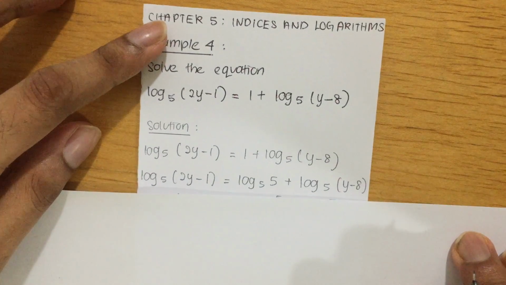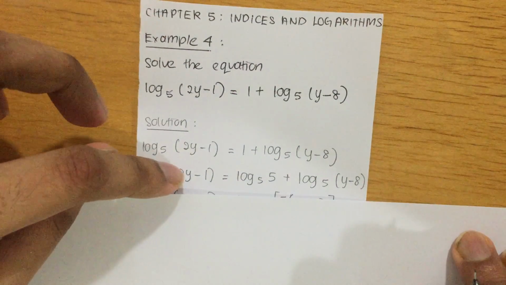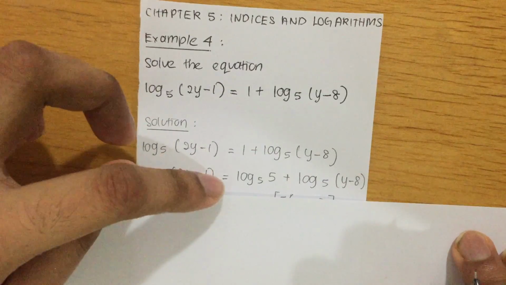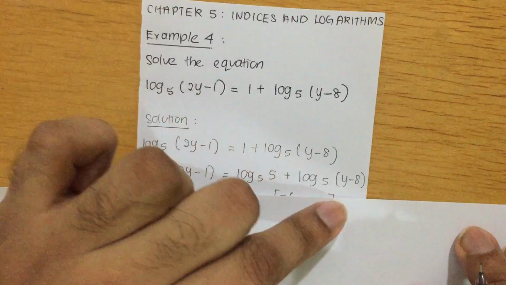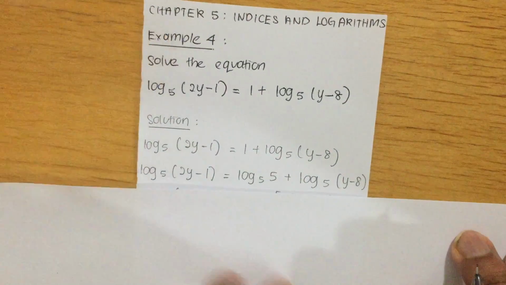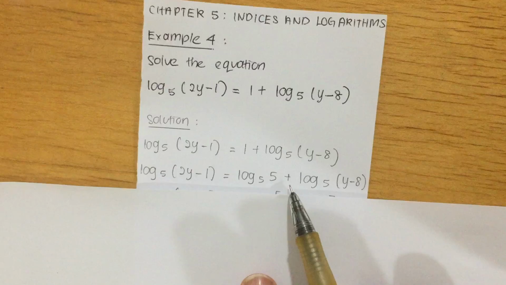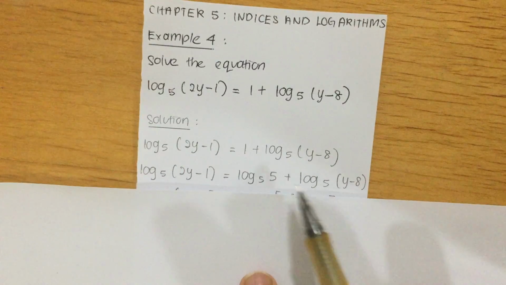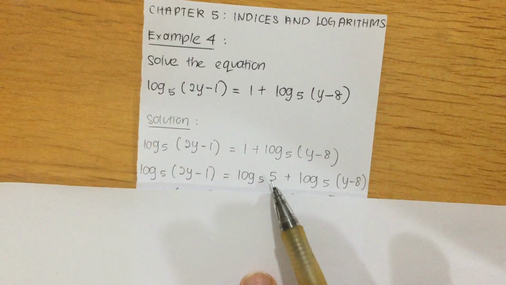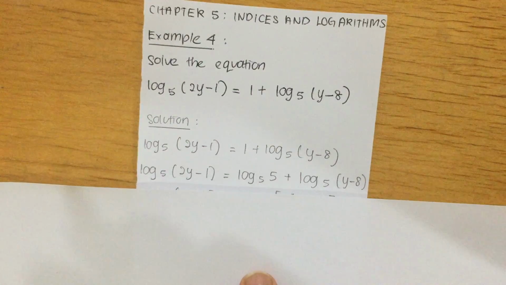Proceed to the next step. log₅(2y − 1) equals log₅ 5 plus log₅(y − 8). Since this involves an addition, to simplify this logarithmic expression you can combine them by multiplying the 5 with (y − 8).